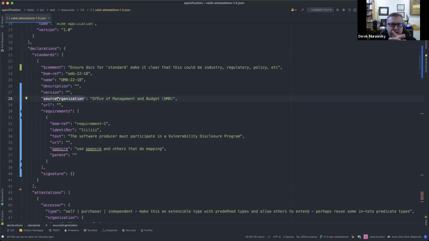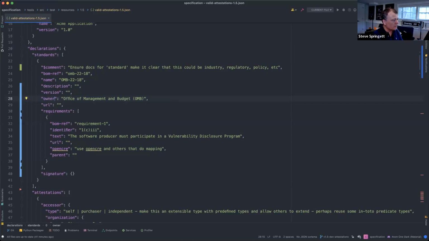It could be, in this case, the Office of Management and Budget owns it. Like, who's actually setting it? That would be another thought, like standard setter. I'm just not sure if source is the right term or not. Owner is shorter.